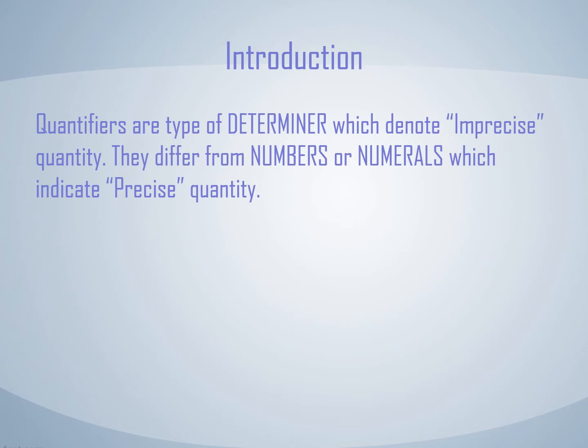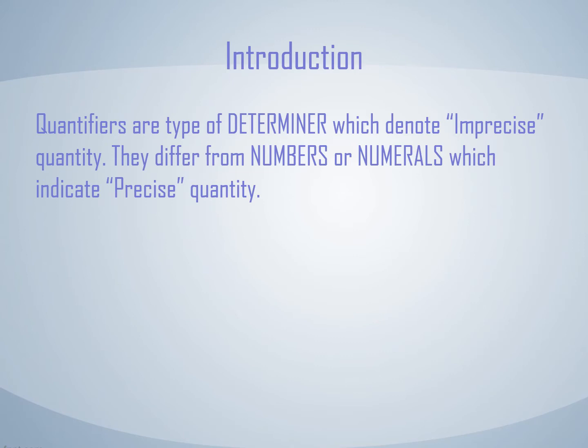Quantifiers are a type of determiner, and determiners we read about when we read about articles. Quantifiers denote imprecise quantities, that means we cannot count them, or they are not fixed. They differ from numbers and numerals, which indicate precise quantities. So if we want to describe a precise quantity, then we use an article with them.